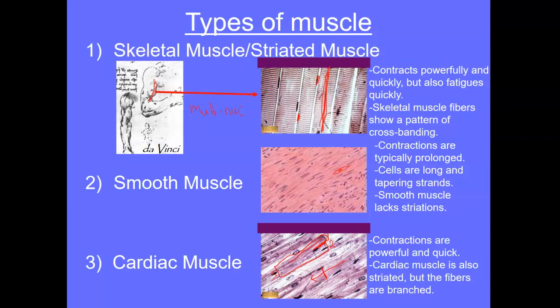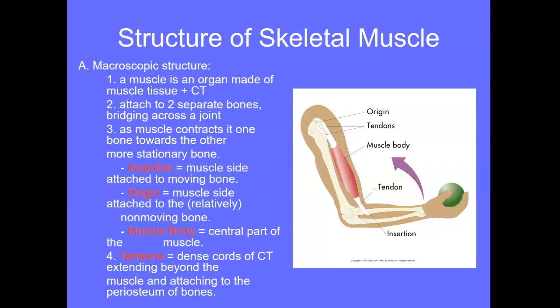But cardiac muscle cells also have that striated pattern like skeletal muscle. Those striations indicate the presence of sarcomeres, and sarcomeres mean quick, powerful contractions. One of the other differences about cardiac muscle is that it doesn't fatigue as quickly as skeletal muscle. Thank goodness, right? And we'll talk maybe a little bit about that later.